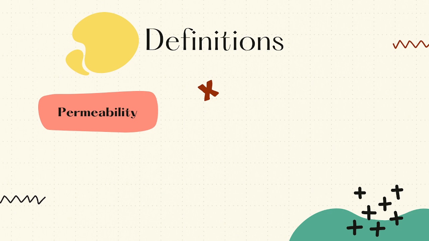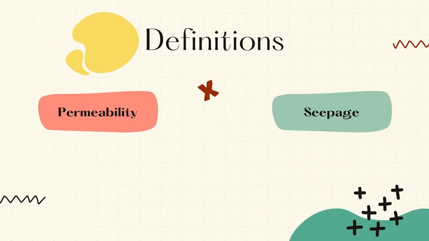So that's when we can say that the soil is permeable. Permeability is the ability of a substance to allow gas or liquid to flow through it, and in our case, in this subject, the substance we are referring to is soil, and the liquid is water.